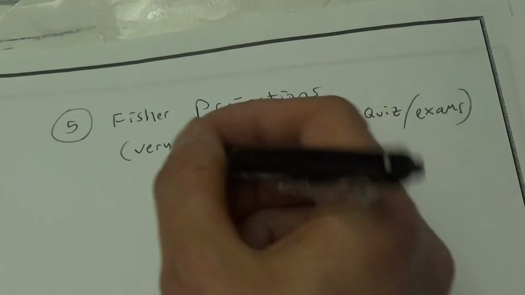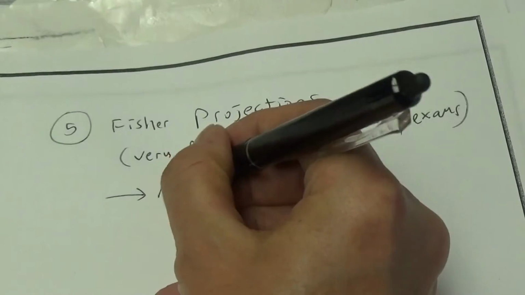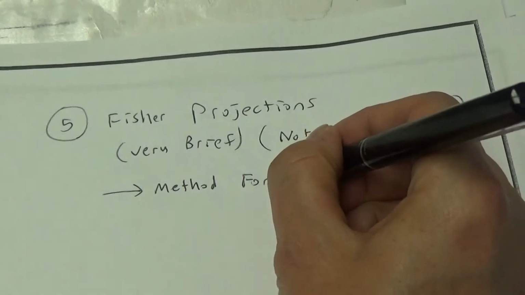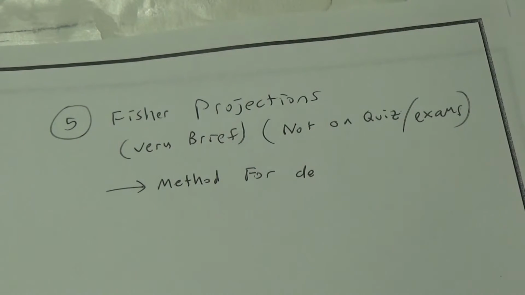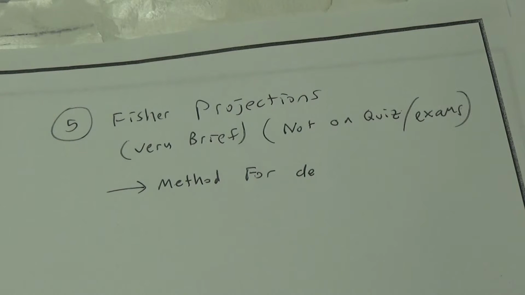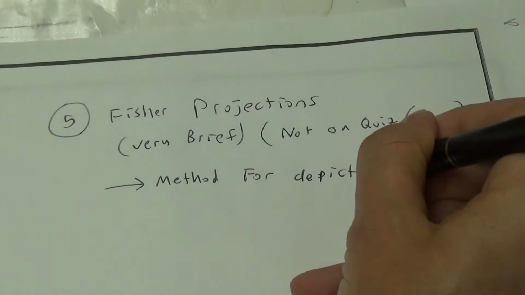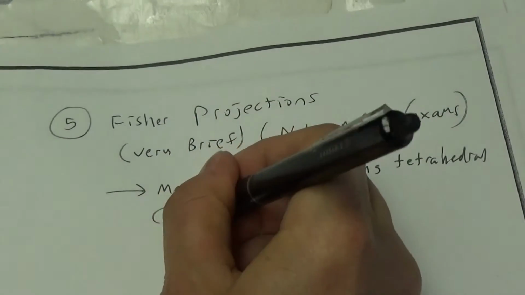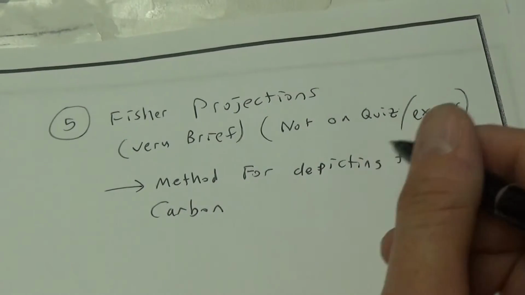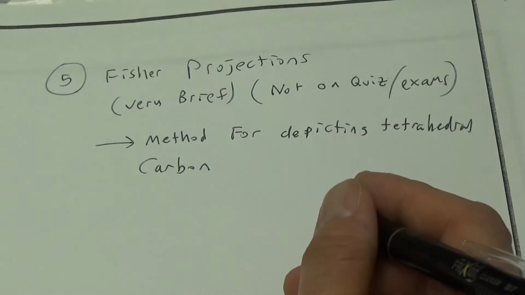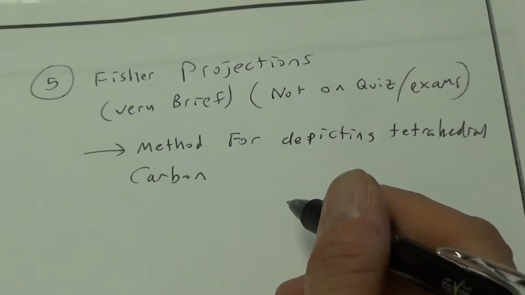So the Fischer projection is a method for depicting tetrahedral carbon. It's used in some situations, particularly for carbohydrates and sugars and things like that. Okay, so that's where we're going to see it.